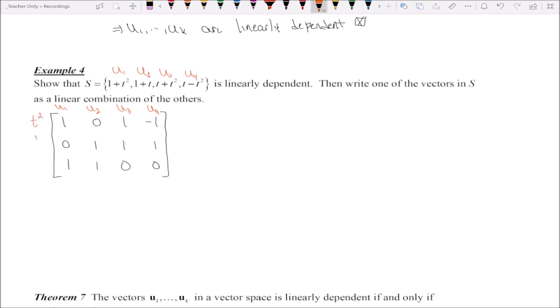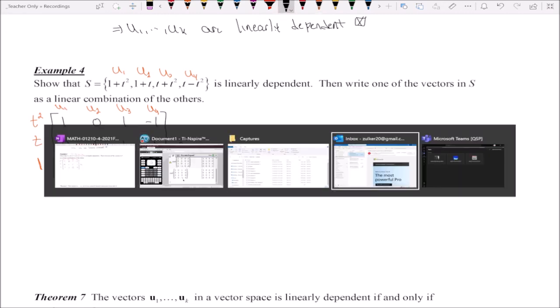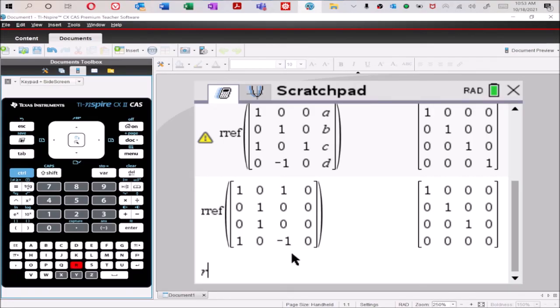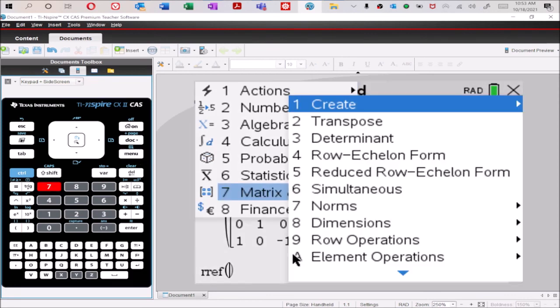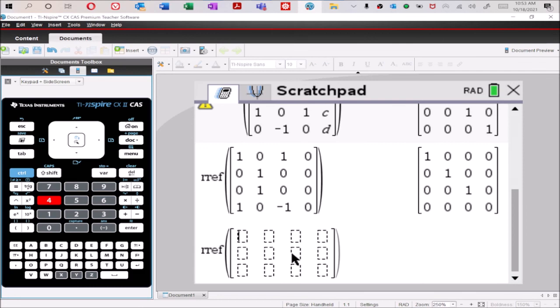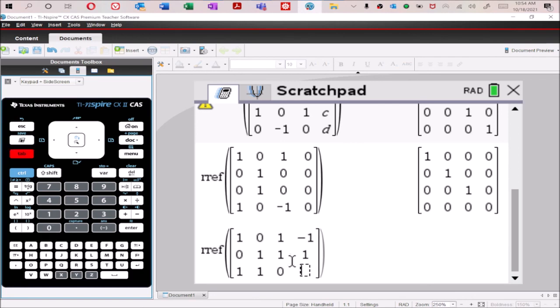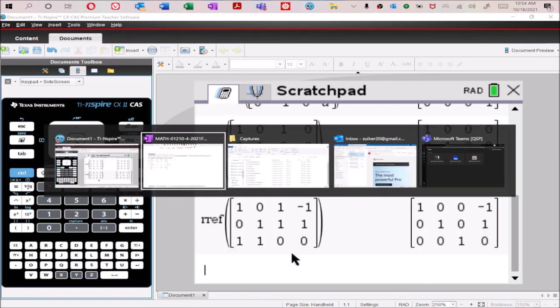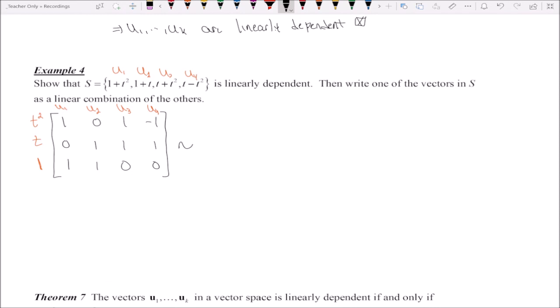First row is of t squared, second row is of t, third row is of the constant. Now let's see what we get when we row reduce this. Right, so we get this matrix right here.